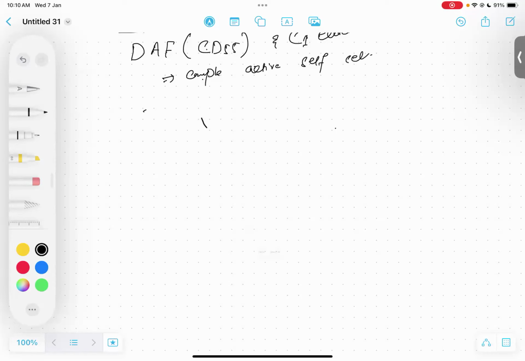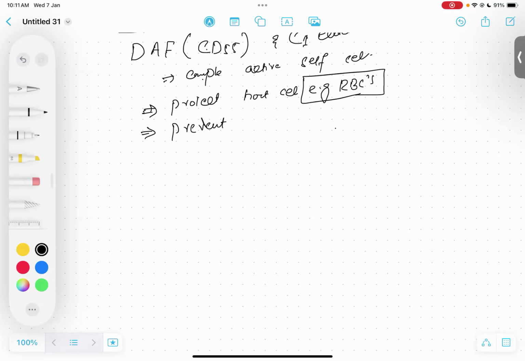And this DAF will protect host cells, especially, for example, RBCs. And if a person has a deficiency of this DAF, then what will usually happen? Can anybody tell me? Excellent, paroxysmal nocturnal hemoglobinuria. Okay, doctor. So it usually occurs because of this DAF deficiency.